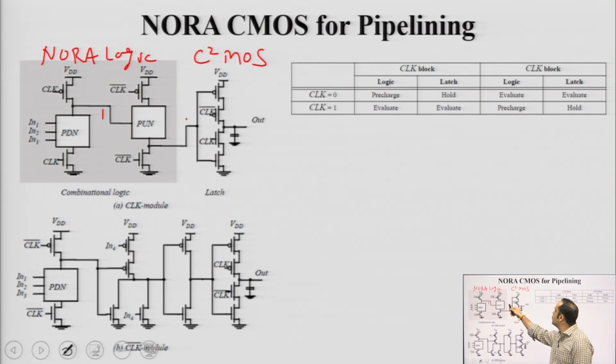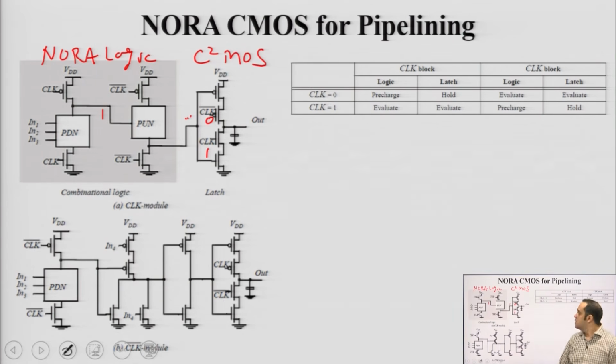Whatever output comes here, when clock bar goes 1, which means when clock goes to 0, or you can say when clock goes to 1 here and when clock bar goes to 0, in that case, whatever output is taken from the logic block is being latched at the output in the inverted form.